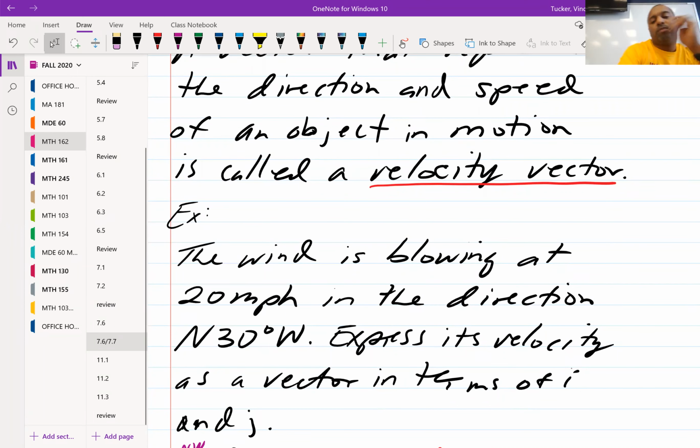All right, so try to put this into an example. It says the wind is blowing at 20 miles per hour in the direction of north 30 degrees west.